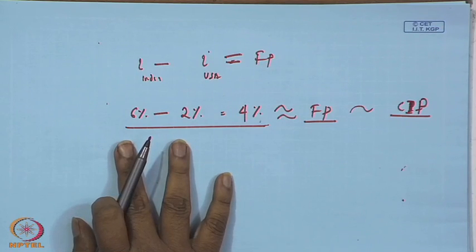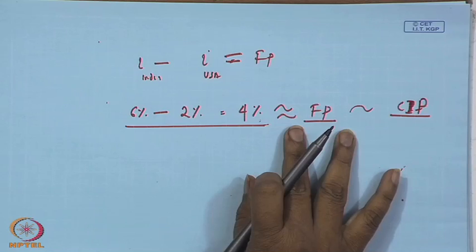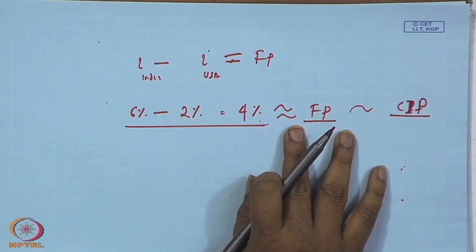If there is no movement, what will happen? If the two are not moving together and the differential is not equivalent to the forward premium, then what will happen to the domestic arbitrage opportunity?